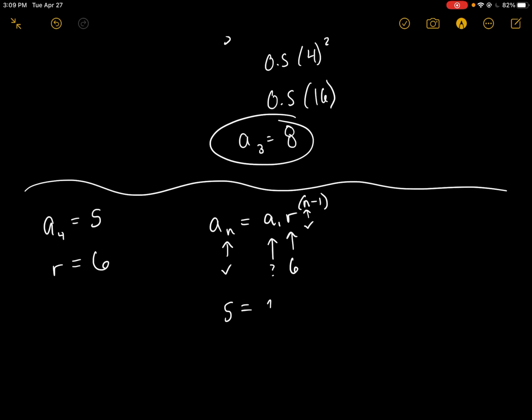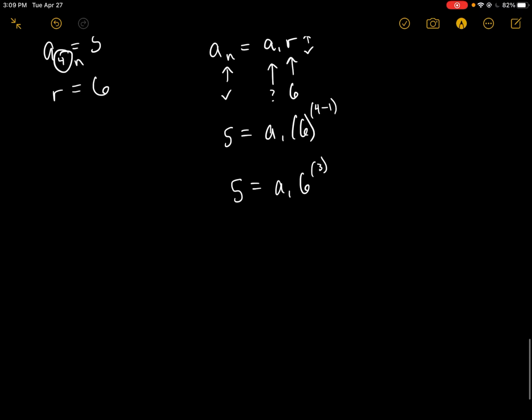We don't know the first term, but we do know r, and they're giving us a term. So 5 equals a subscript 1, our ratio is 6, and it's our fourth term, so we're going to plug in 4 for n.